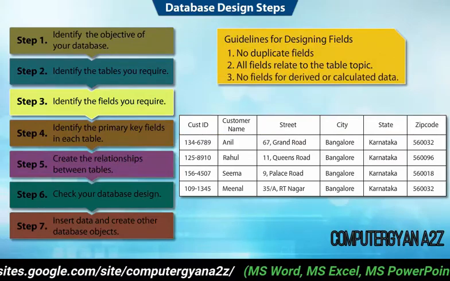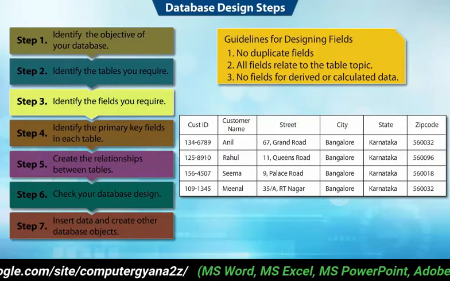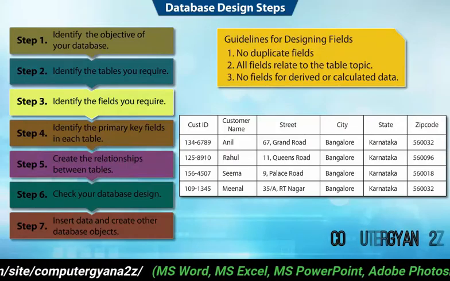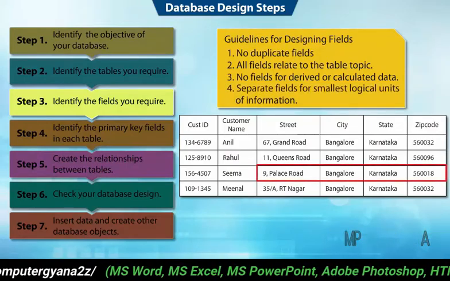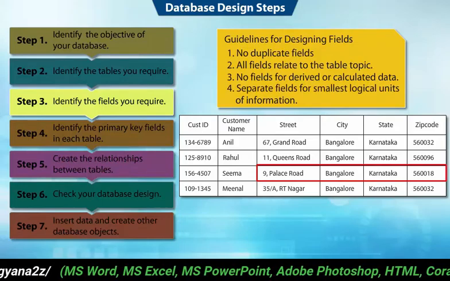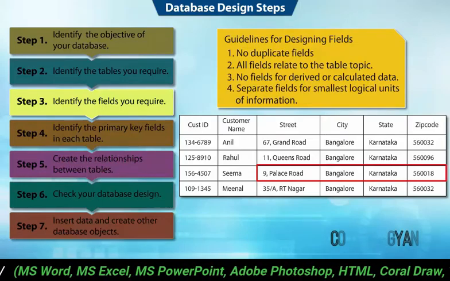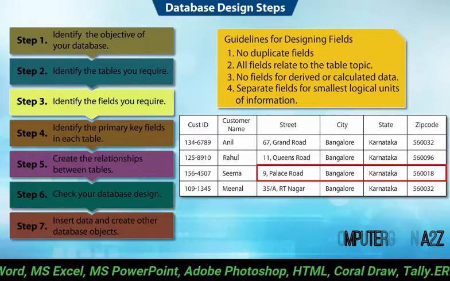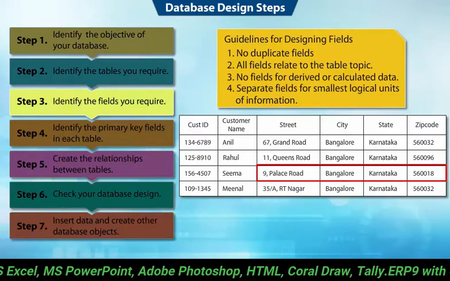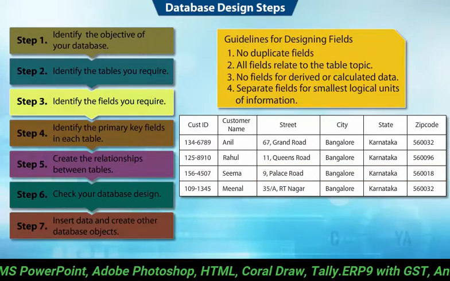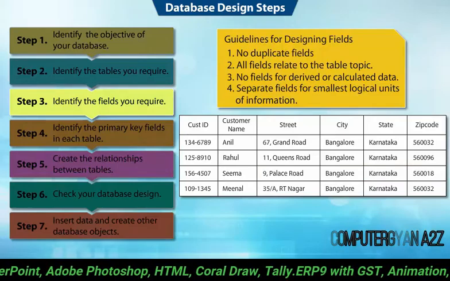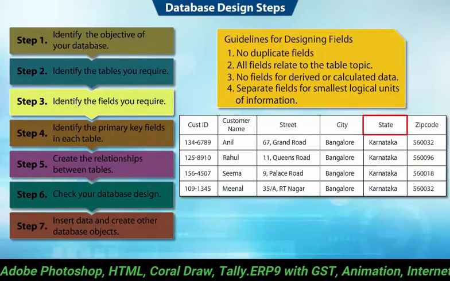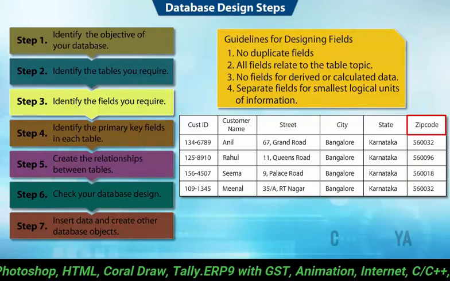No fields should be created for derived or calculated data. 4. There should be separate fields for the smallest logical bits of information. For example, don't create a single field for address. Instead, create separate fields for street, city, state, and zip code.